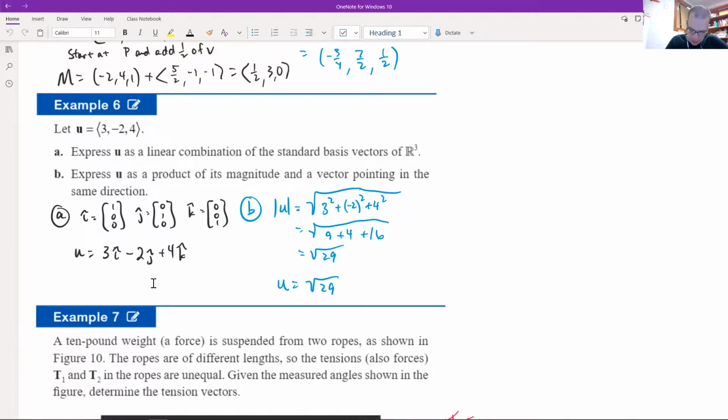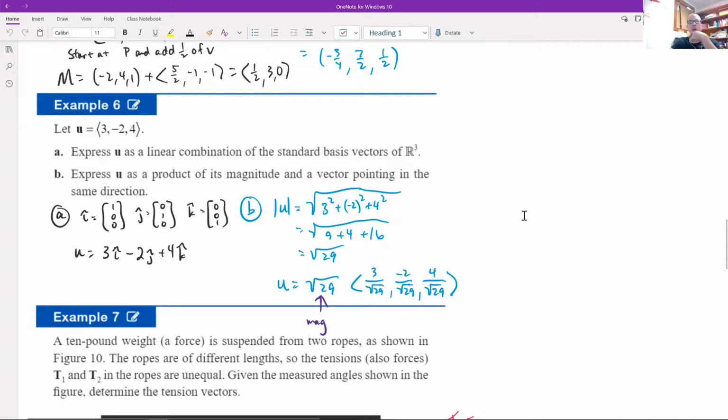That's the magnitude. And then multiply it times a unit vector. And the way that we create the unit vector, I know this is kind of silly, but we would have 3 divided by the square root of 29, -2 divided by the square root of 29, and 4 divided by the square root of 29.